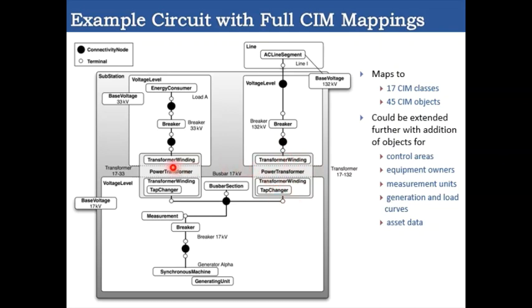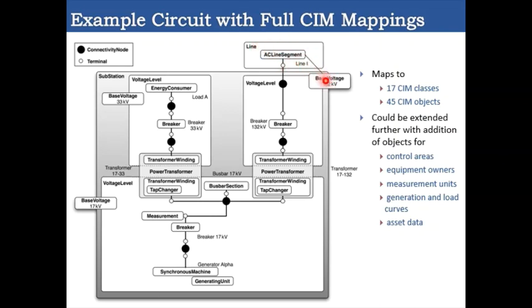So you can see how the power transformers can be represented, which we discussed in the previous slides. Then power transformer will be connected to breaker, and then this segment will be connected to energy consumer, and this will be going to AC line segment, which is another class to represent the line segment connectivity.